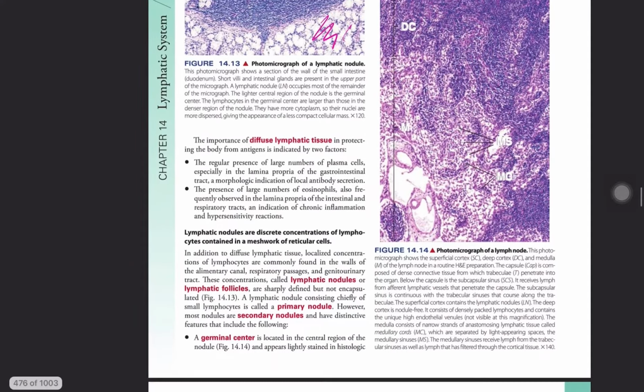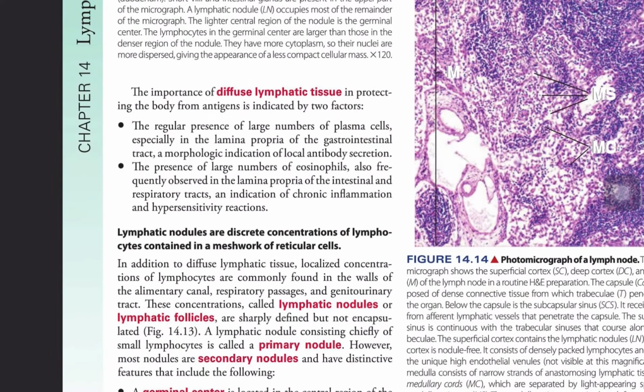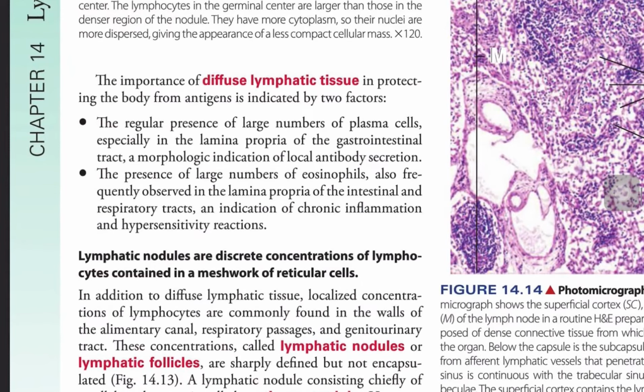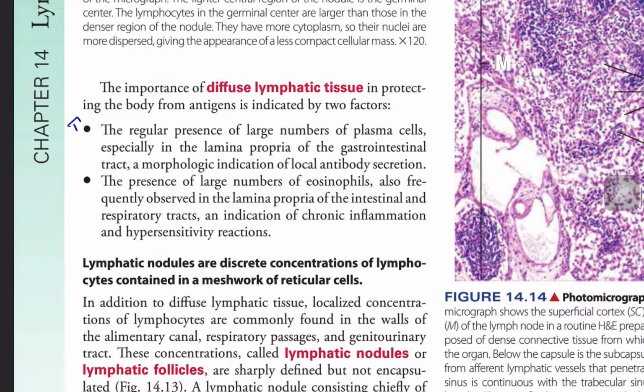We go to the next page. The importance of diffuse lymphatic tissue in protecting the body from antigens is indicated by two factors. The first one is the regular presence of large numbers of plasma cells, especially in the lamina propria of the gastrointestinal tract, a morphologic indication of local antibody secretion.